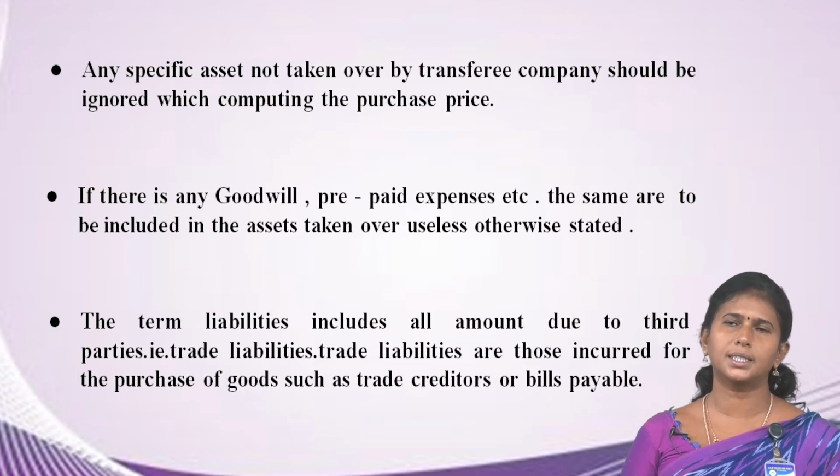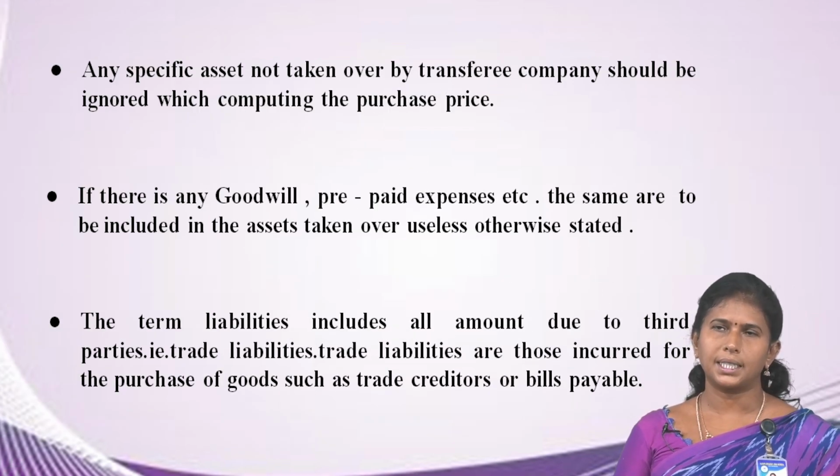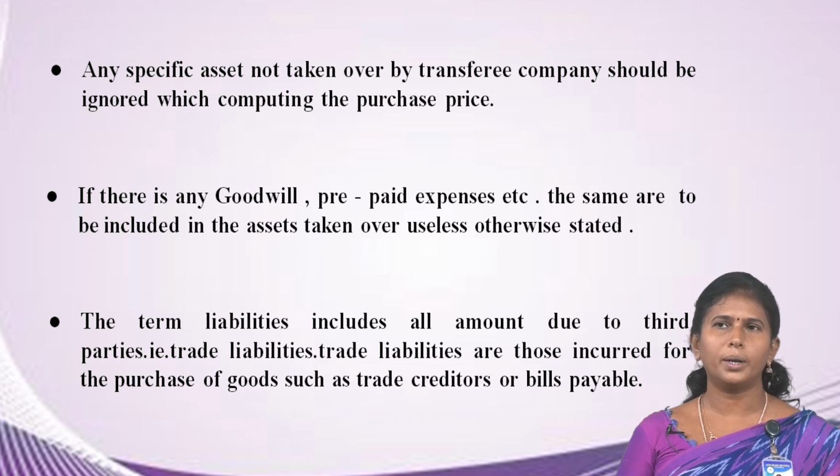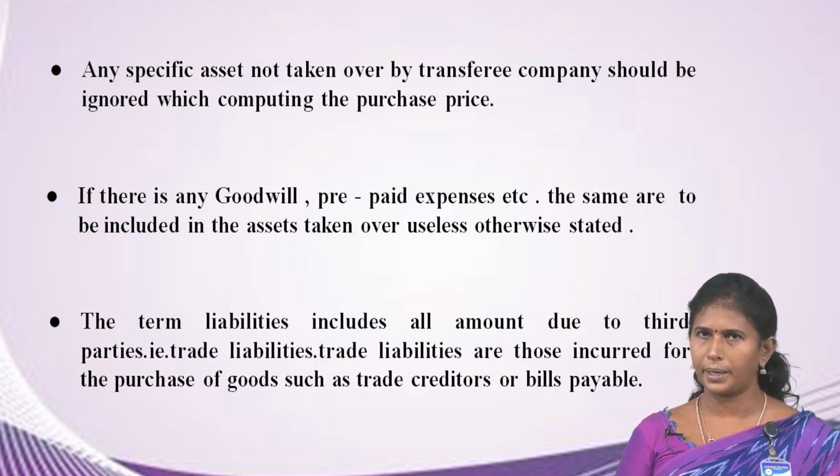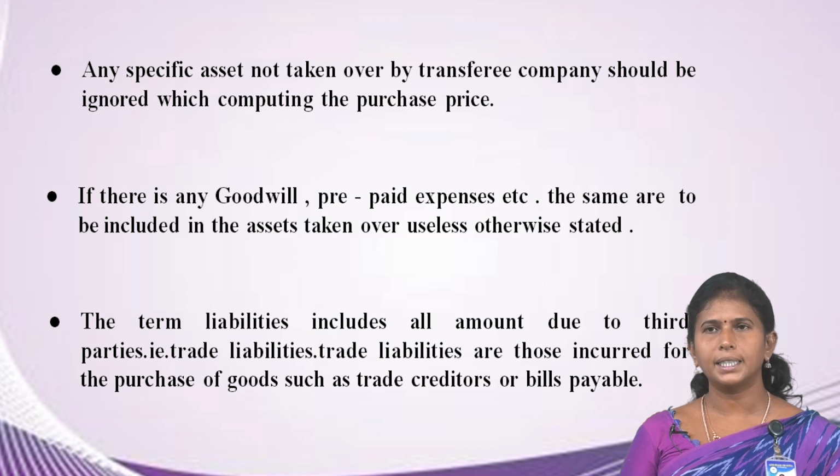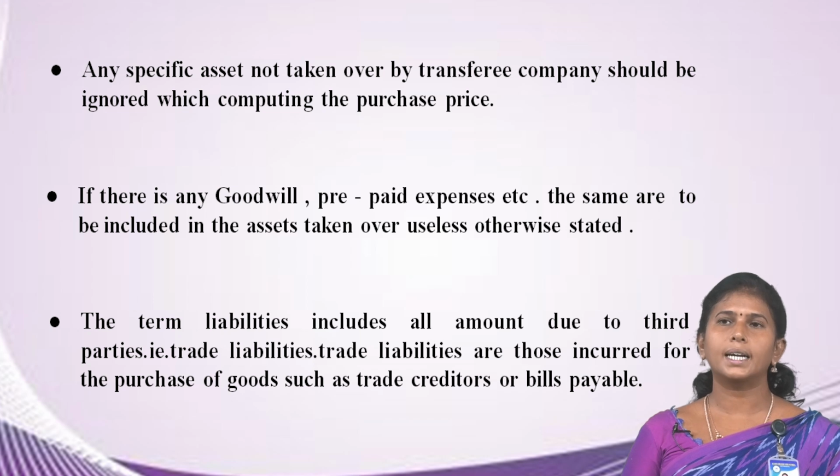The third point is any specific asset not taken over by the purchasing company, for example, one sold by the vendor company. In such a case, that particular asset should be ignored while computing the purchase price.